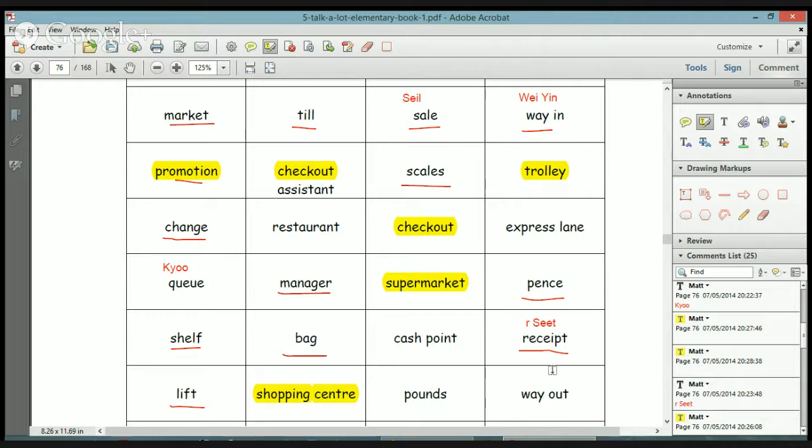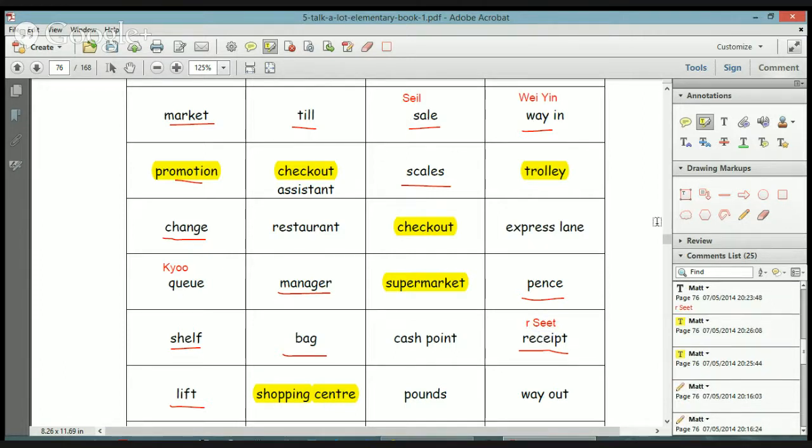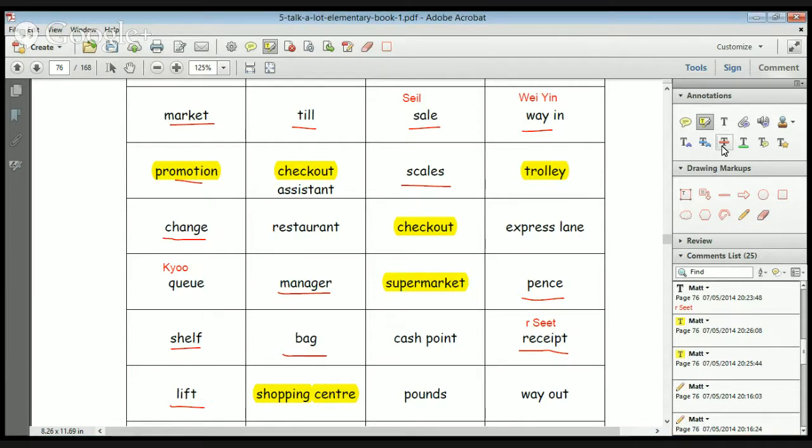Let's have a look at the word express lane. Express lane. Can you hear what I'm doing with the two words, how they're going together?